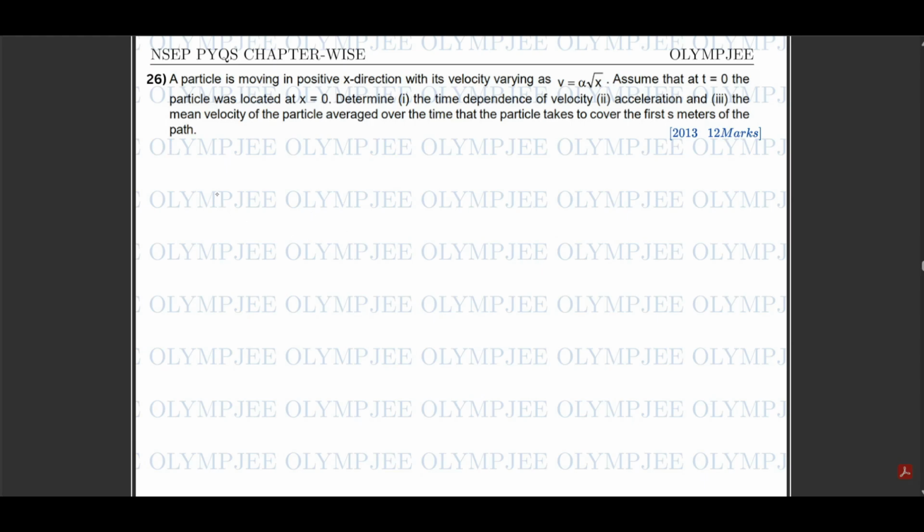Okay. So we can write it as v is equal to alpha root x, and if we square, we get v square is equal to alpha square x. It is of the form v square is equal to u square plus 2as. We can write it in that form.